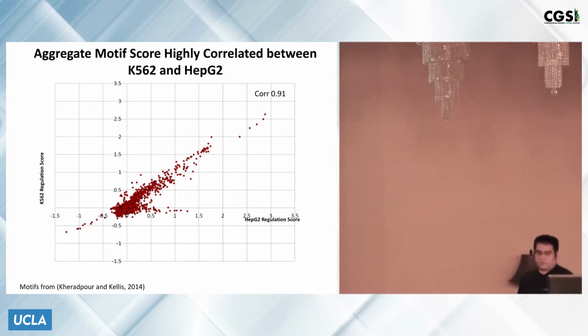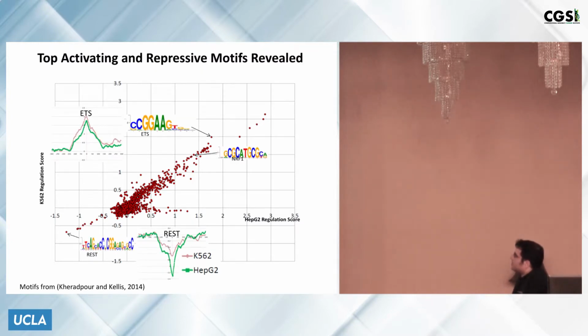And we can do more systematic global analyses as well. What I'm showing you now are examples of a few of these. On the x-axis, I'm showing you the average HepG2 regulation score, and on the y-axis, K562. Each dot corresponds to a regulatory motif from a compendium, which was called just based on the DNA sequence.